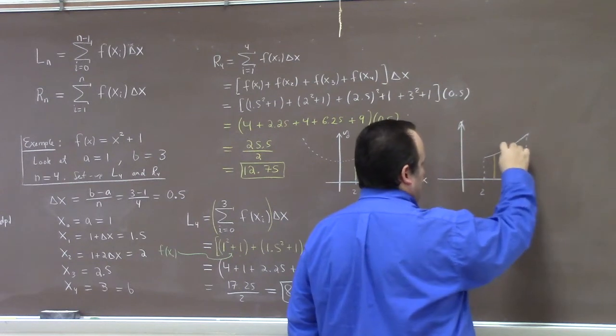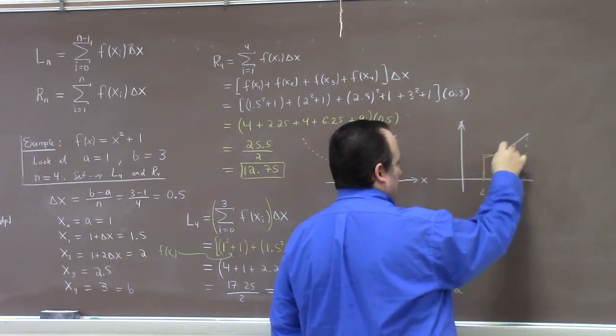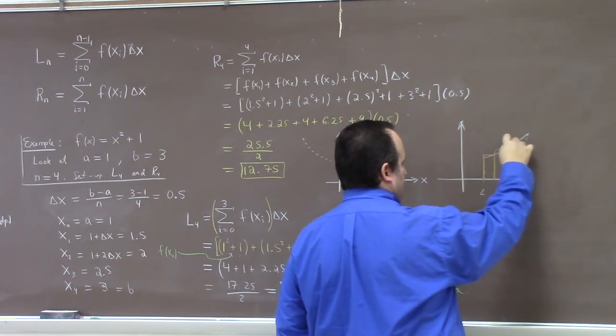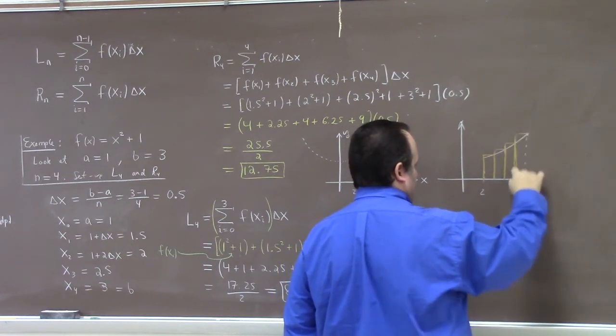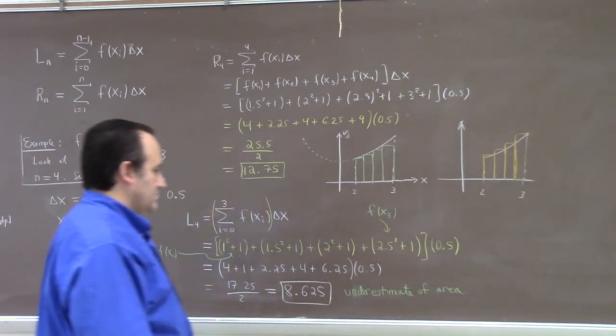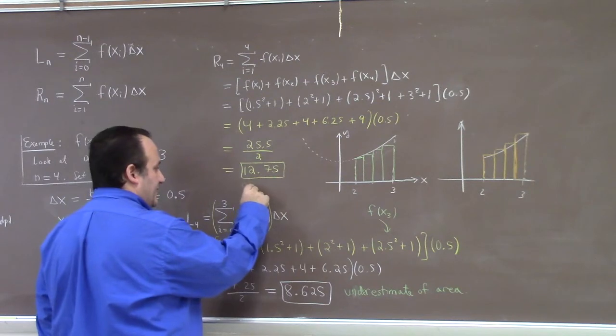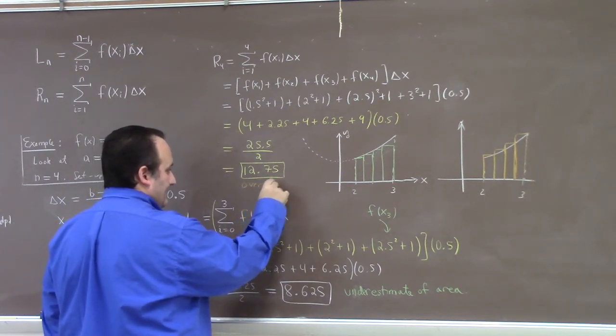We're defining the height of each of the rectangles by the right endpoint. So it is what? It's definitely an overestimate. The true area is somewhere between those two, isn't it? The right endpoint rule is definitely an overestimate given the graph. Do you agree?